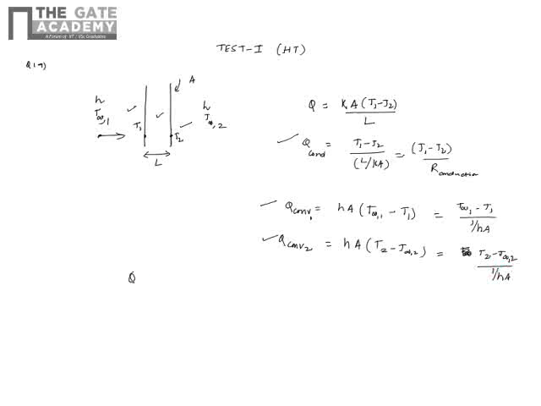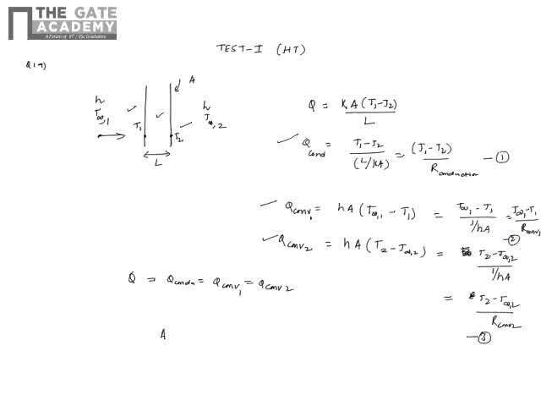So we know that heat flow is same, it's a series network, so Q is same, which is Q conduction, Q convection 1 and Q convection 2. So first equation, now this can be written as T infinity 1 minus T1 by R convection 1, and this is T2 minus T infinity 2 by R convection 2. So you have 1, you have 2 and you have 3.